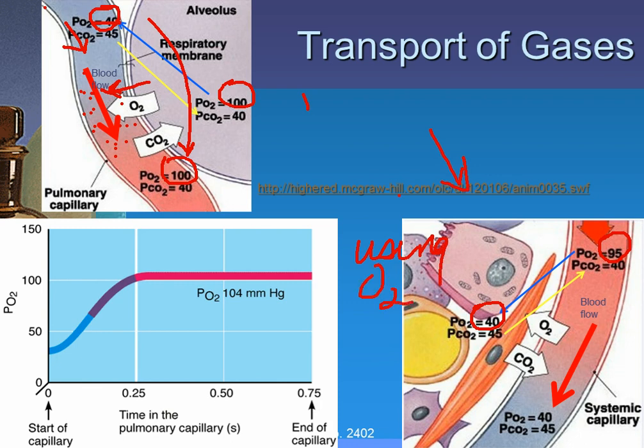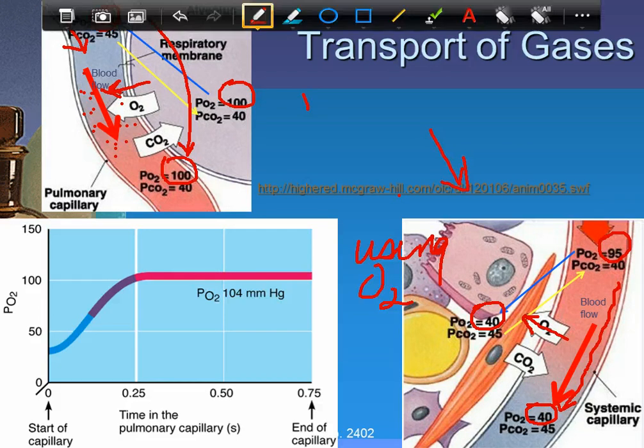It requires oxygen. So notice again the blue arrow. We start at PO2 at 95. In the tissues it's 40. Oxygen diffuses across, and if you follow the blood going down this way, look what happens to the PO2. It drops to 40 because the oxygen is moved out.